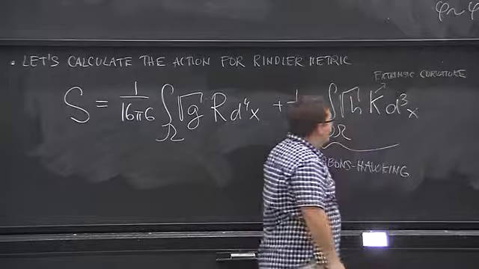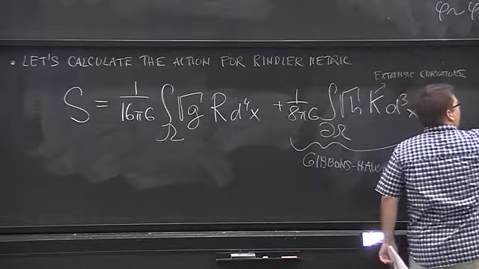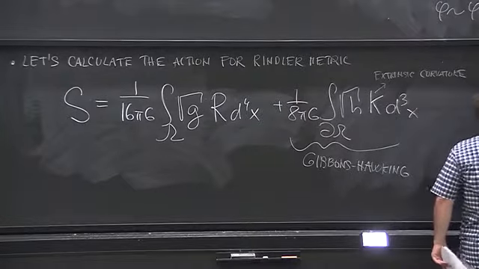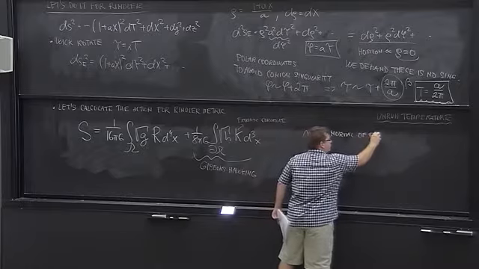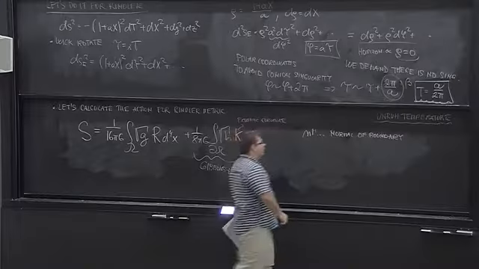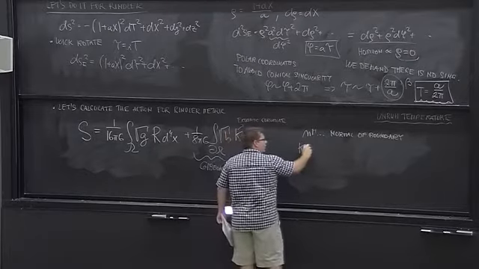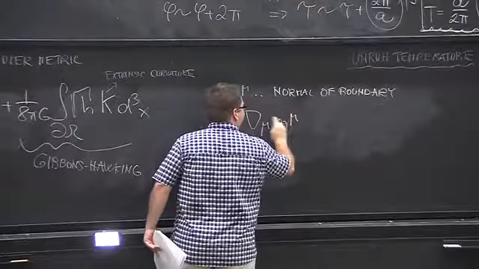And you can easily calculate what this extrinsic curvature is: if you have the normal of the boundary, then the extrinsic curvature is simply given by the covariant divergence of this normal.